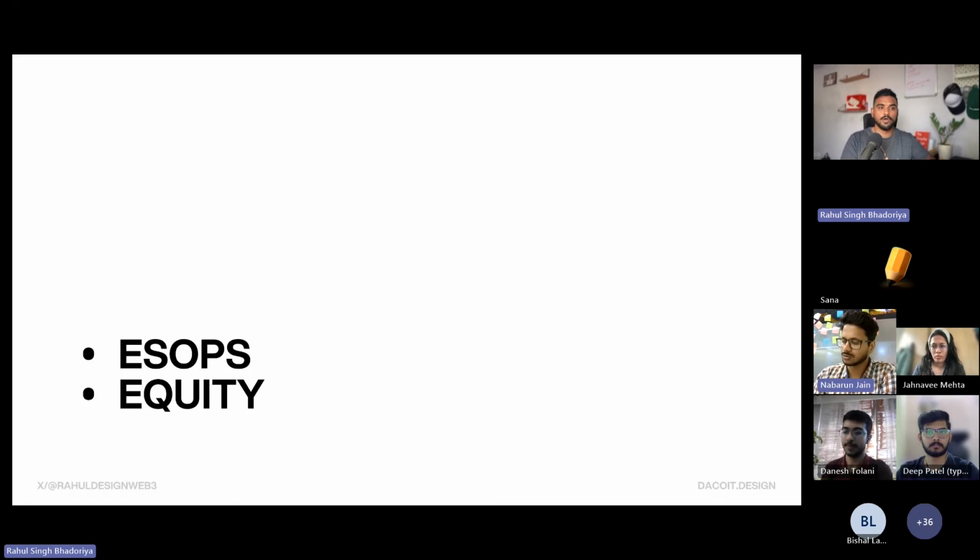You can unlock them after a year. The concept of equity is that if you own some company's equity or shares, you can sell it as soon as you want. ESOPs come with a locking period, vesting period, which we call it. The way it works is you join a company like Zomato.